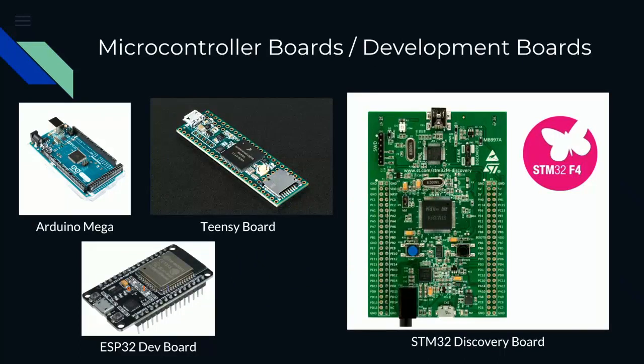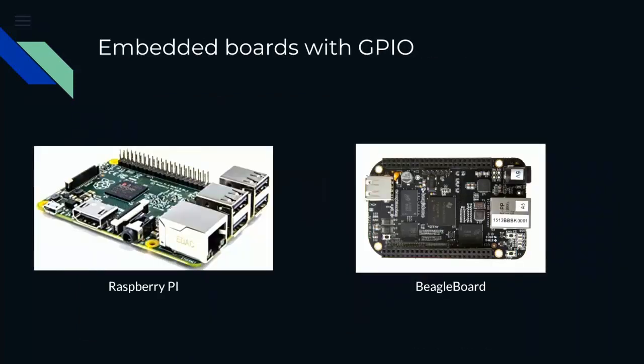We use a lot of microcontroller boards and development boards just to communicate using SPI or any kind of protocol that you might need there. So in that sense, embedded boards also with GPIO pins work in those cases.